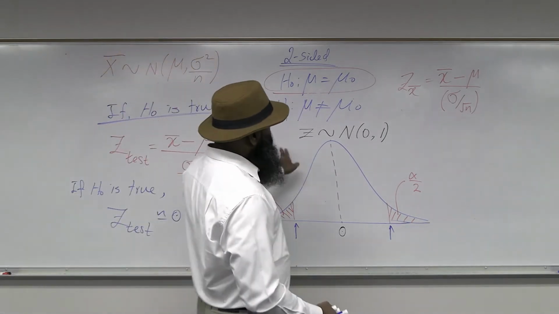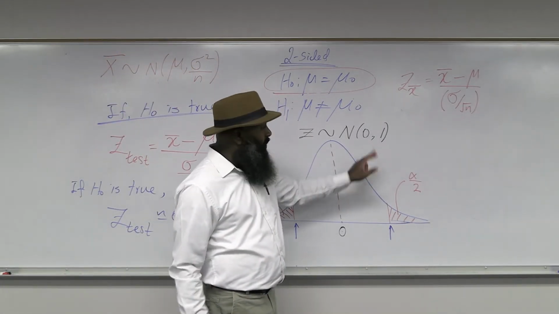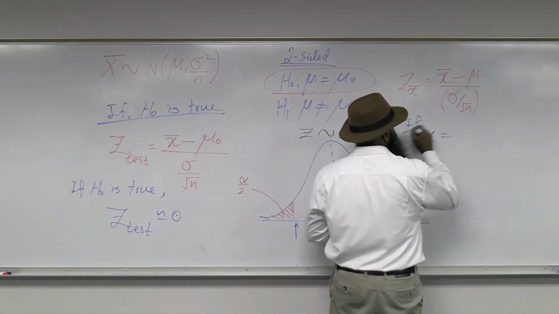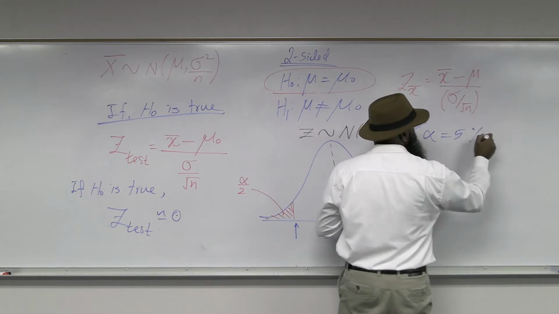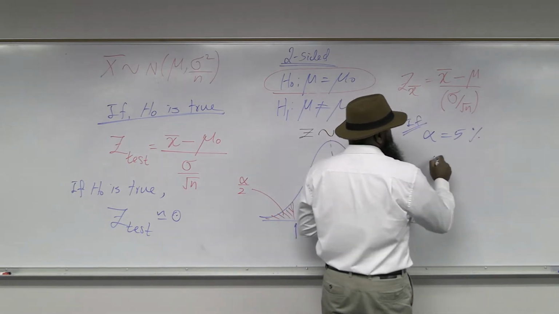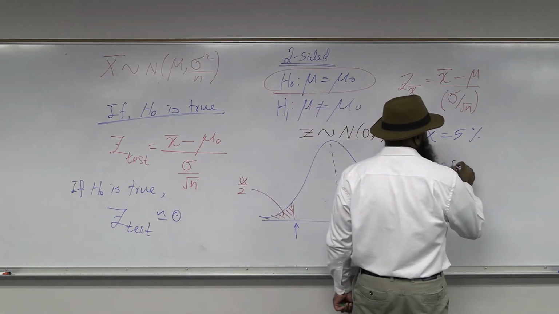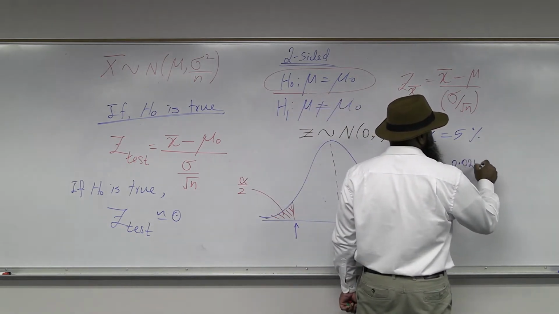This is a standard normal distribution. Okay? So if your alpha equals 5%, half of alpha should be equal to 2.5%, which means it should be equal to 0.025.